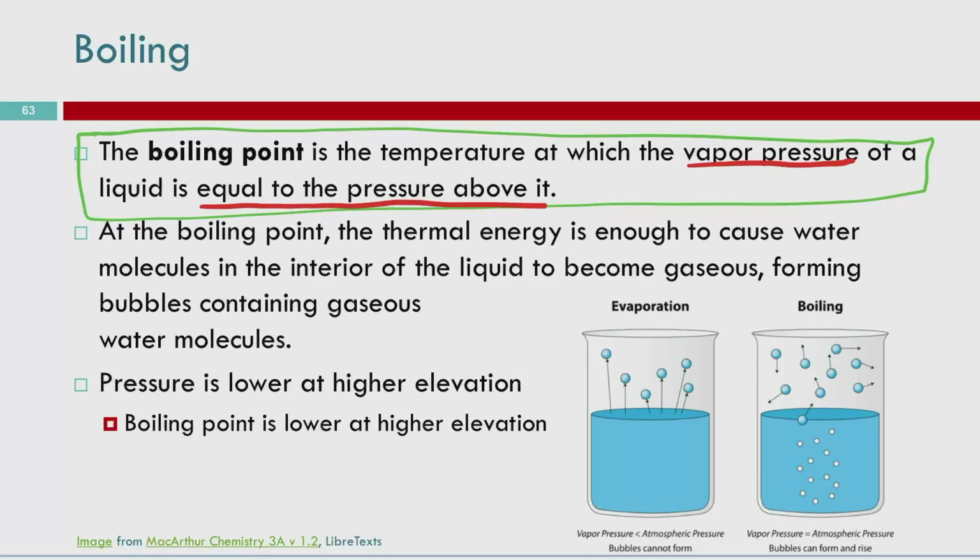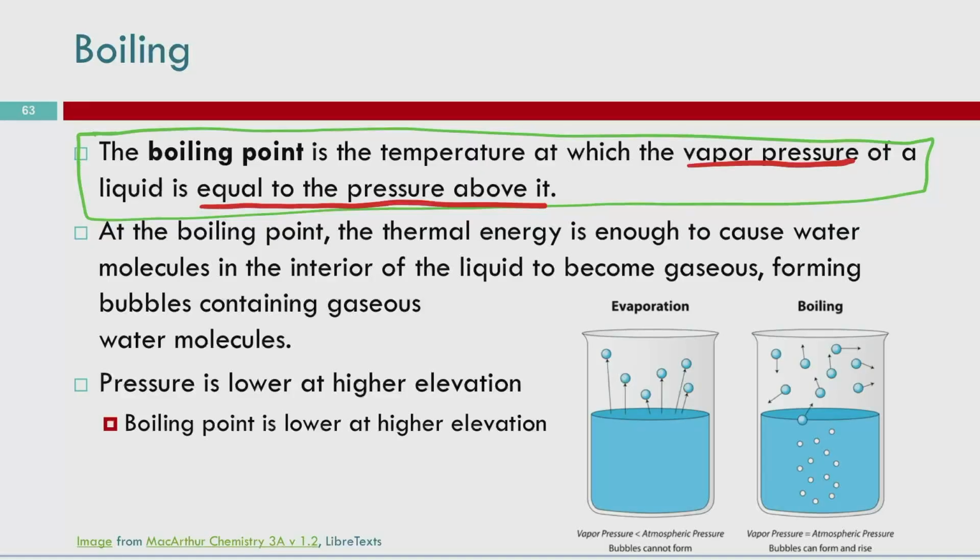Around here, it's about 1 atmosphere. If you go up into the mountains, it's going to be a lower atmospheric pressure, and so you don't have to heat a liquid up quite as much before it will start boiling. What's special about a boiling point is that the thermal energy of the water has enough energy that you can form gas inside of the water.